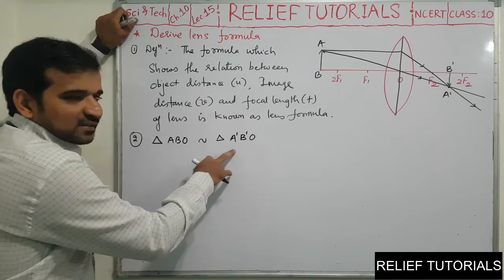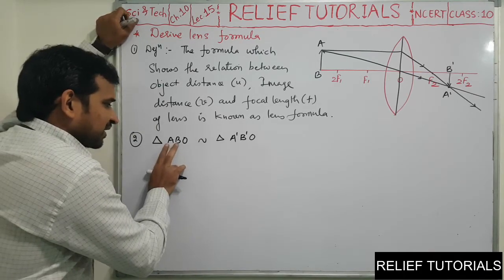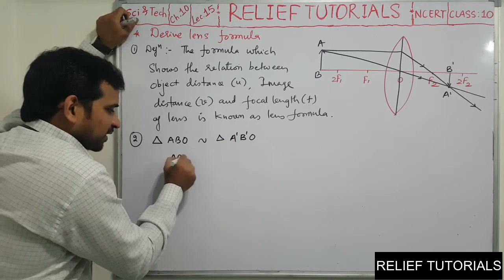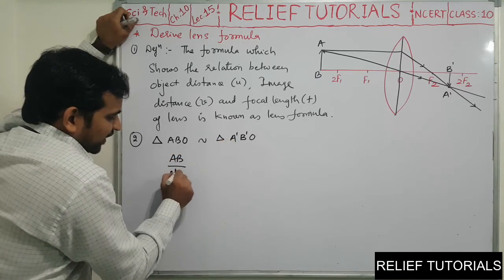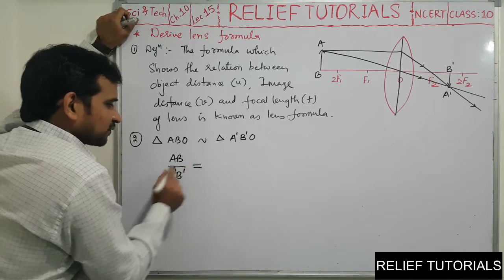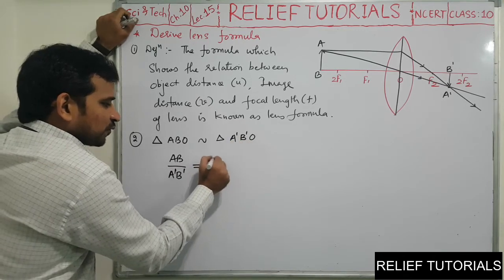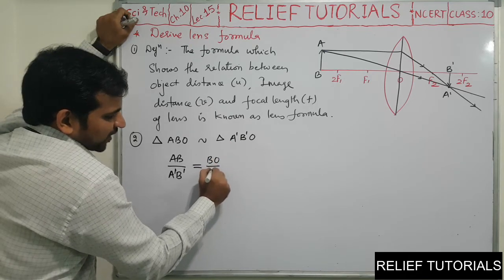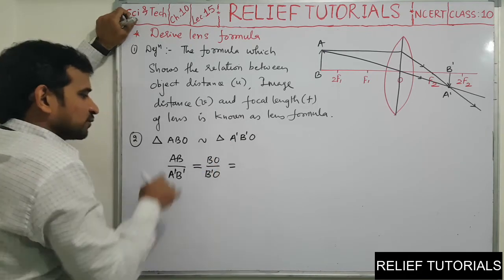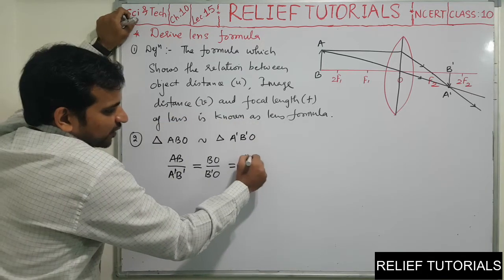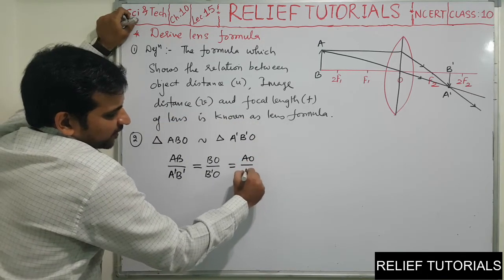As these two triangles are similar, first side AB and corresponding side A dash B dash, so we can write AB upon A dash B dash equals BO upon B dash O, and that equals the third side AO upon A dash O.